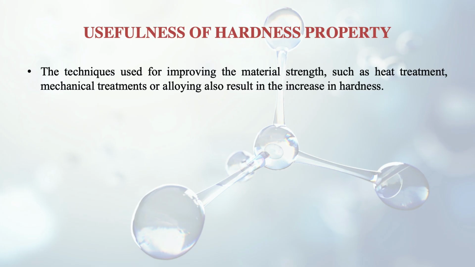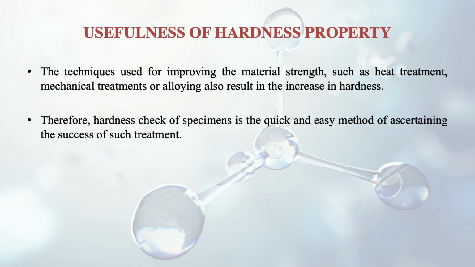Finally, what is the use of this hardness property? The techniques used for improving the material strength, like heat treatment and mechanical treatments, like we discussed earlier, annealing and all those things, and strain hardening or alloying, also result in an increase in the hardness.